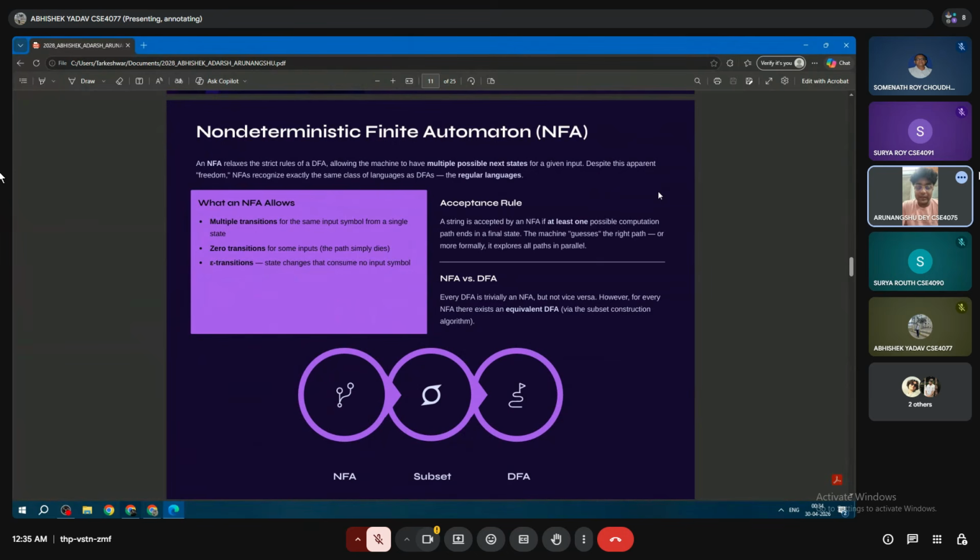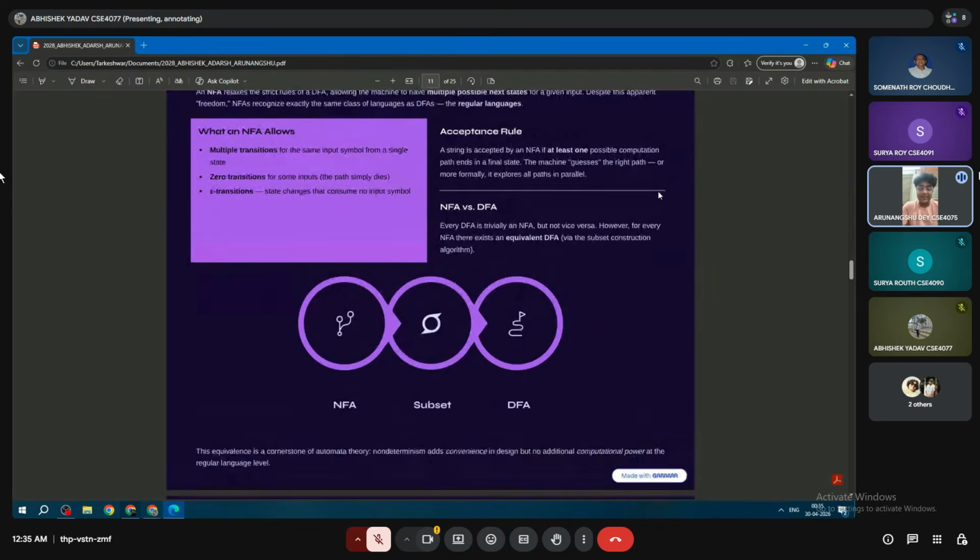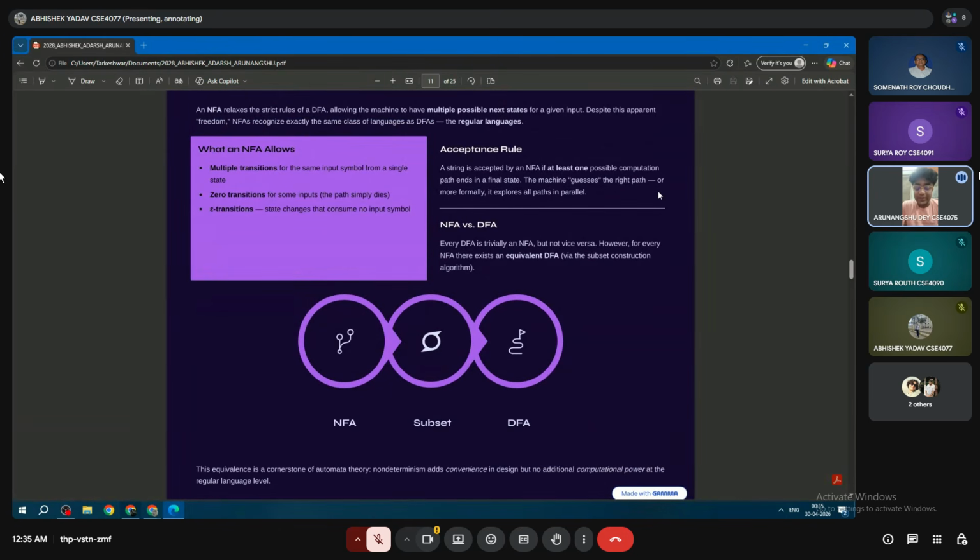Okay. So here is the non-deterministic finite automaton, or NFA for short. An NFA relaxes the strict rules of a DFA. That is, simply, allowing the machine to have multiple possible next states for a given input.